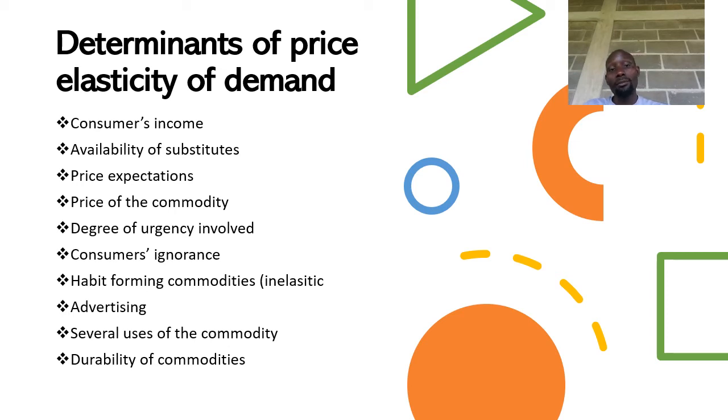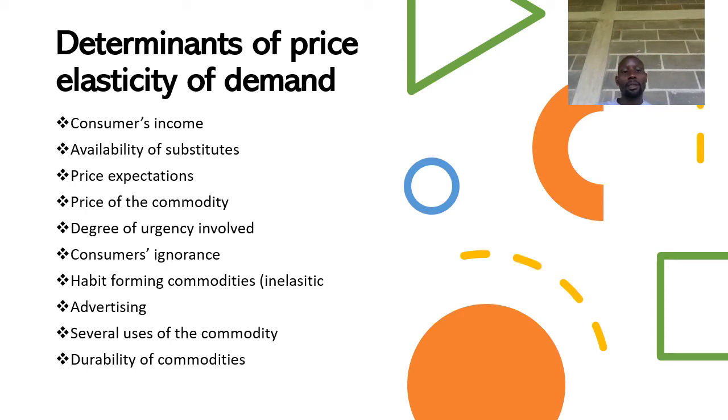However, when the price of electricity is increasing, people may only choose to use electricity to light the house, and maybe use the charcoal box to iron their clothes if electricity is expensive. So commodities which are used for several purposes tend to be price inelastic as their prices are increasing.